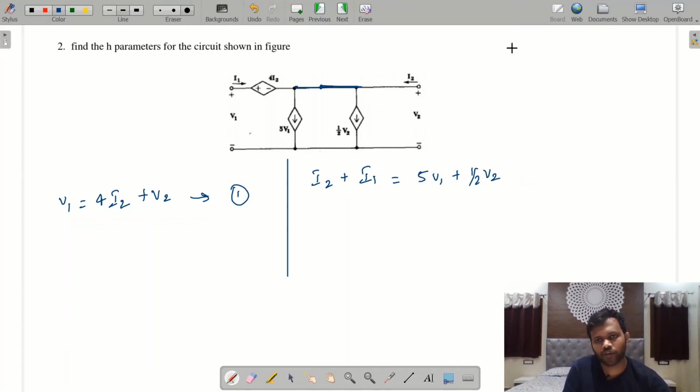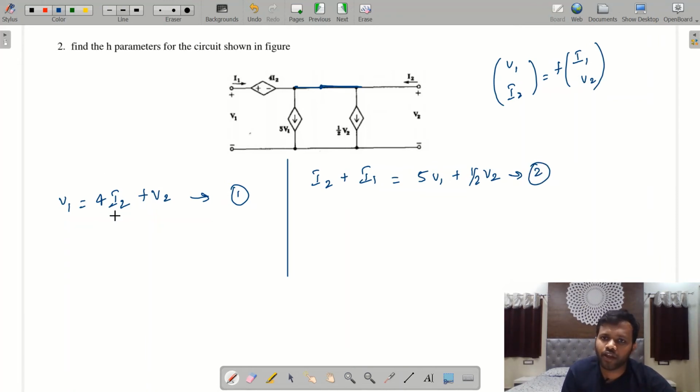So in h parameters, what are we going to write? V1 and I2 as a function of I1 and V2. So consider this as the second equation. In the first equation, I need to eliminate the I2 term, and in the second equation I need to eliminate the V1 term. So substituting 1 in 2, what we will get?